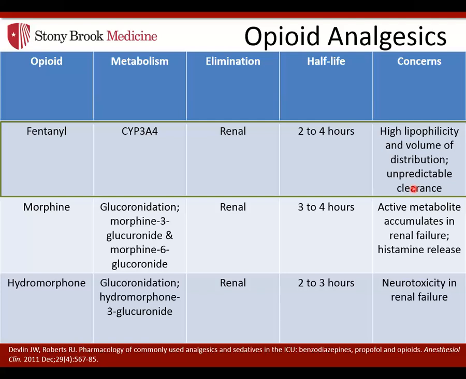So that's what makes its clearance unpredictable. Let's see. So it's a good choice for analgesia for most critically ill patients, but it's not the perfect agent because it's, like we said, metabolized by CYP3A4. Patients with hepatic impairment are actually at a much higher risk of accumulating the drug and experiencing adverse events from its administration.